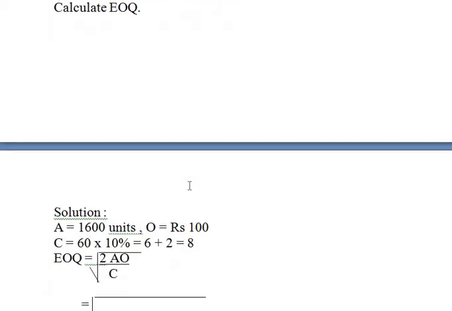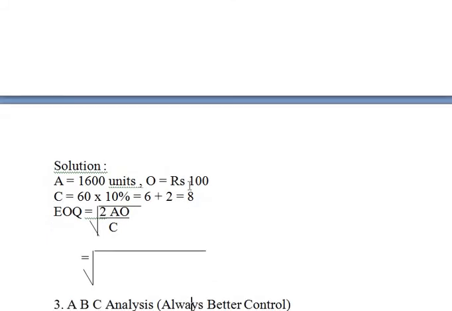Okay. Yes. Write down the formula. EOQ is equals to square root of 2AO divided by C. Okay. Now here 2 into A is 1600 units into O is 100. Okay. Yes. Now divided by C is 8.